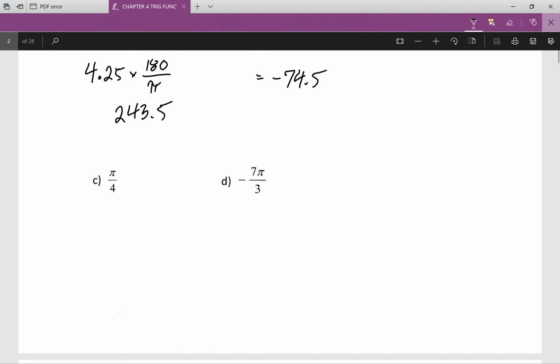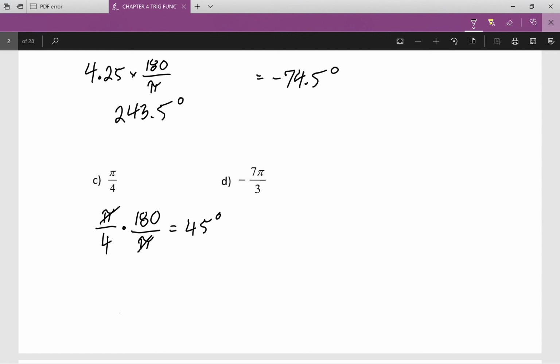Pi over 4, this one we can actually get a bit more of an exact answer for. So I go pi over 4, and I multiply this by 180 over pi. That cancels off my pi's, and then I get 180 divided by 4, which equals 45 degrees. And I'm just going to write the degree symbol on each of these.